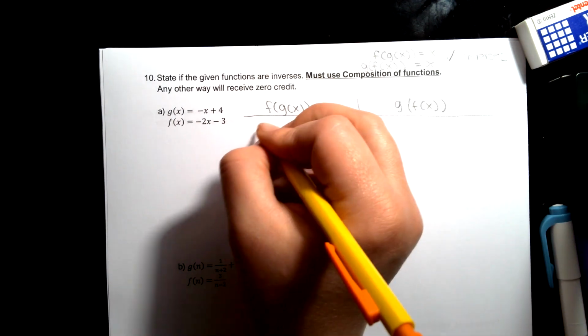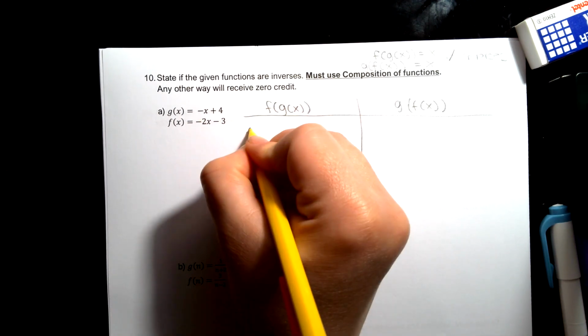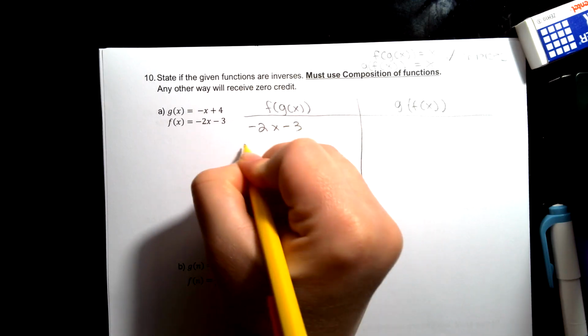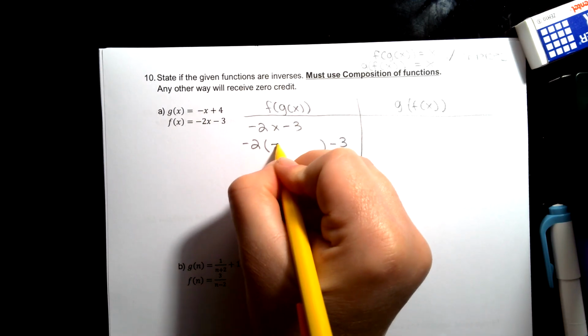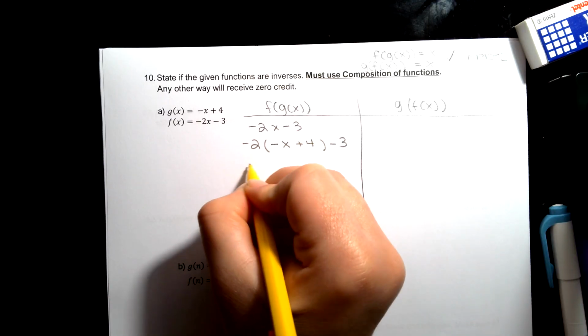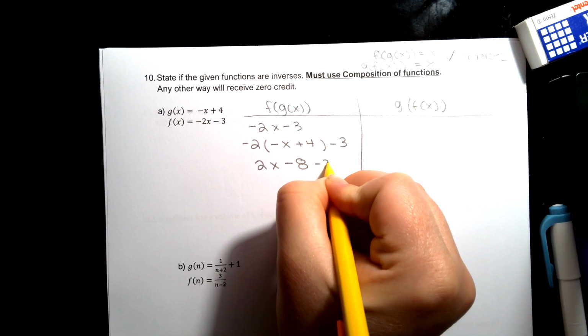All right, let's go ahead and give it a try. So if I wrote f of g of x first, that means I'm going to take my f, open up for x, and take my g and put it inside. Distribute that -2, +2, -8.